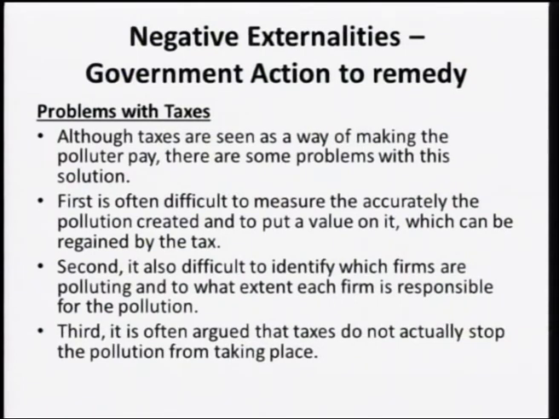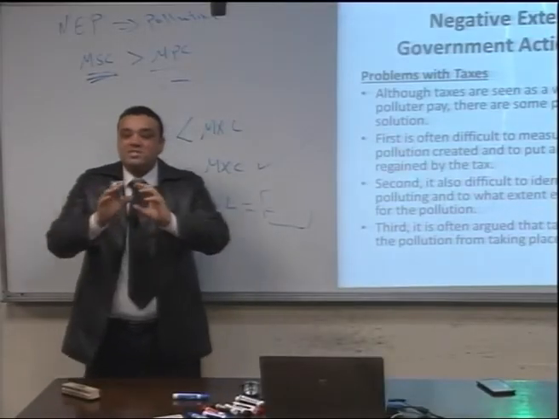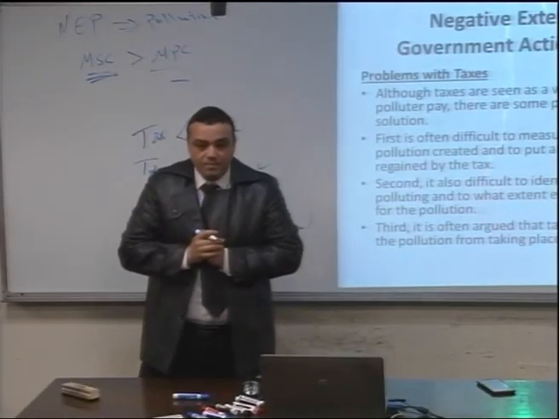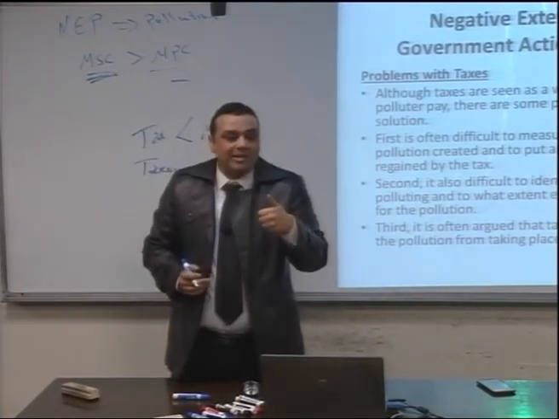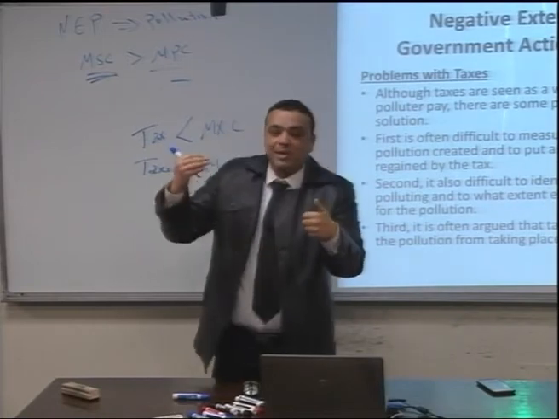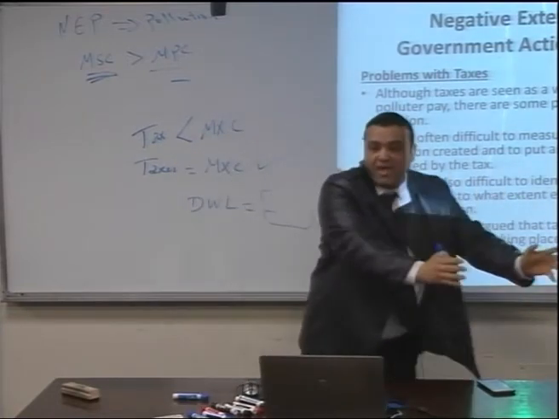Number one, it's often difficult to measure accurately the pollution created and put a value on it which can be regained by the tax. It's difficult to calculate how much tax could be imposed, because it's difficult to calculate the size of pollution created by this factory.